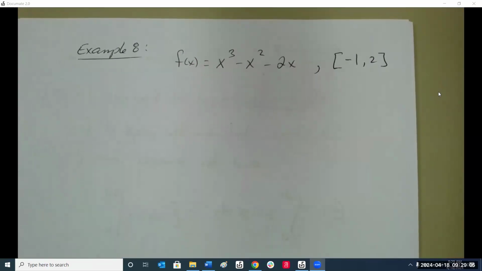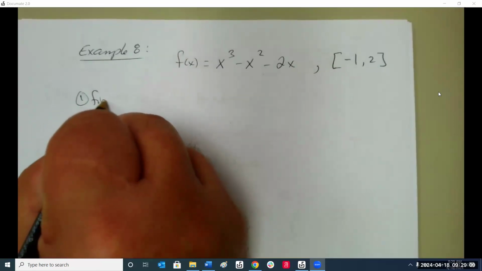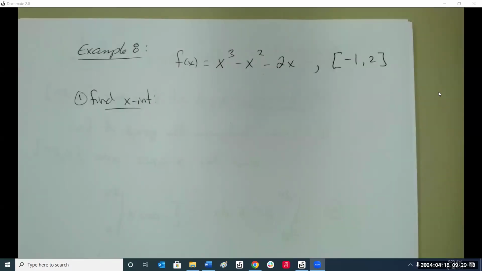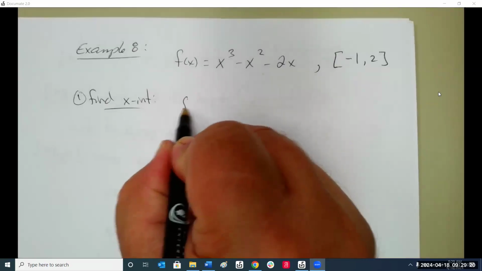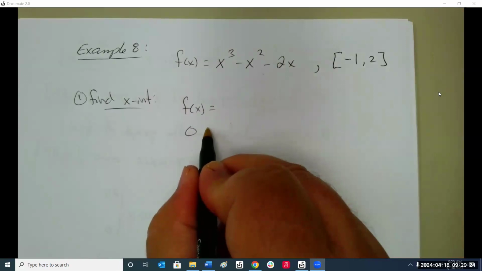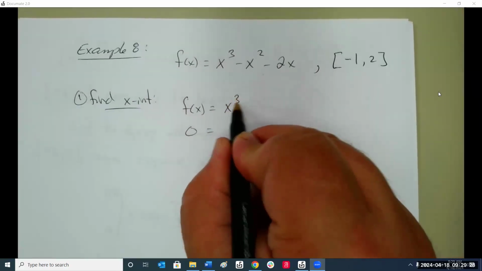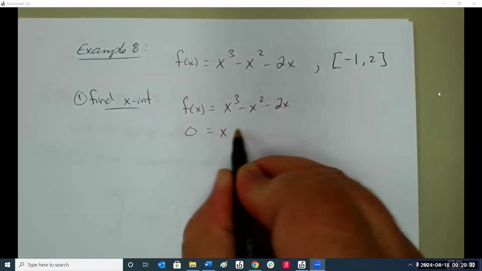So what's the first thing we have to do? Find any x-intercepts. Are there any x-intercepts within this domain? How do we do that? Set our function equal to 0. We can factor out an x.